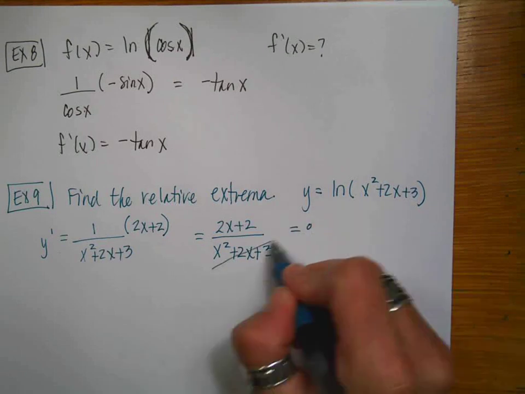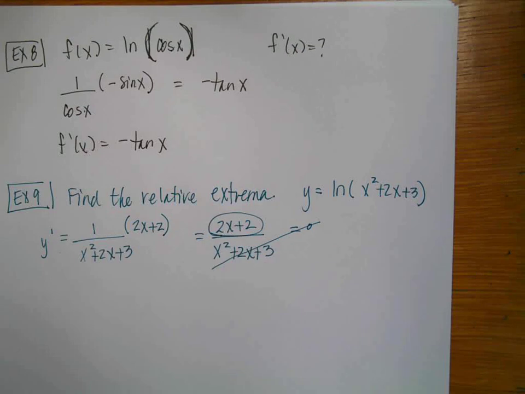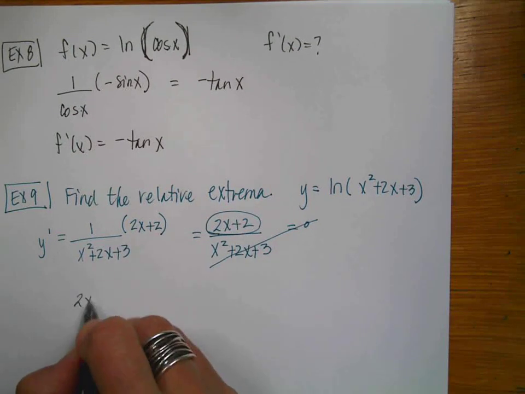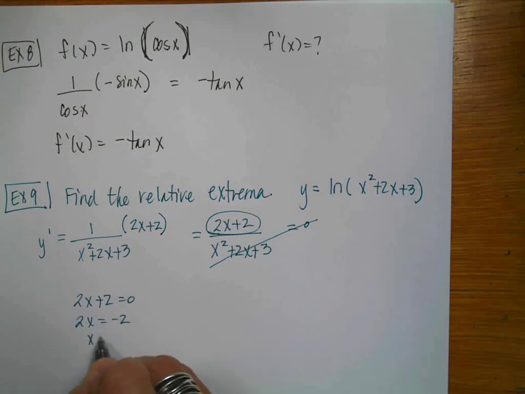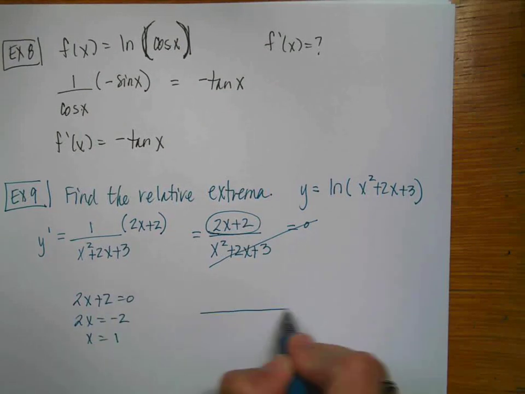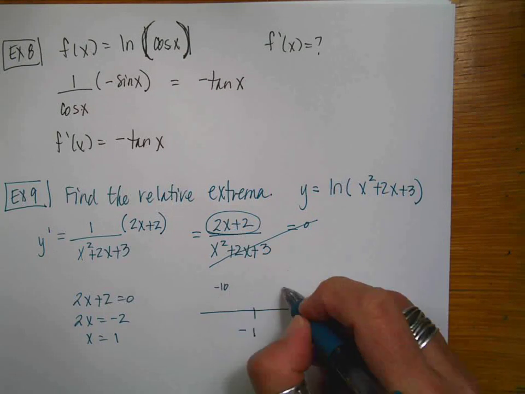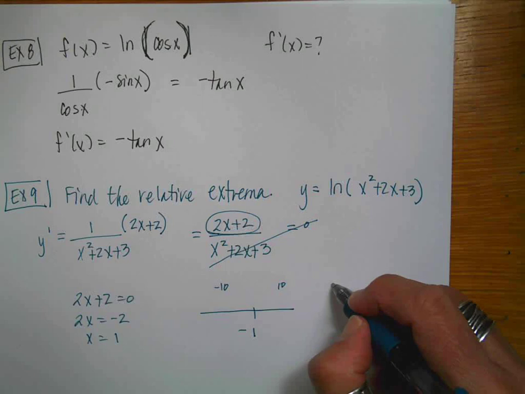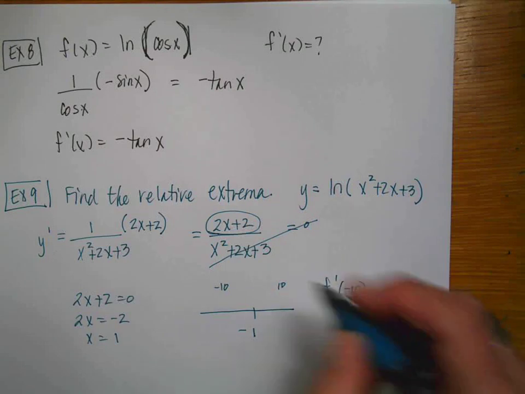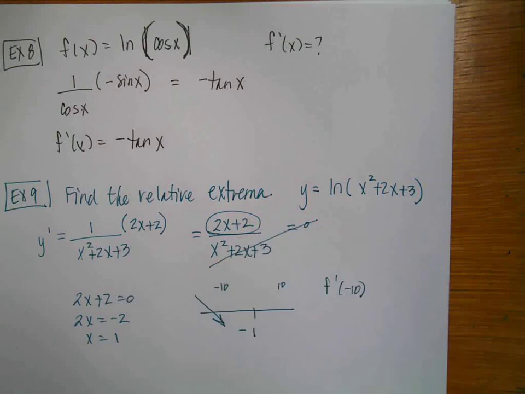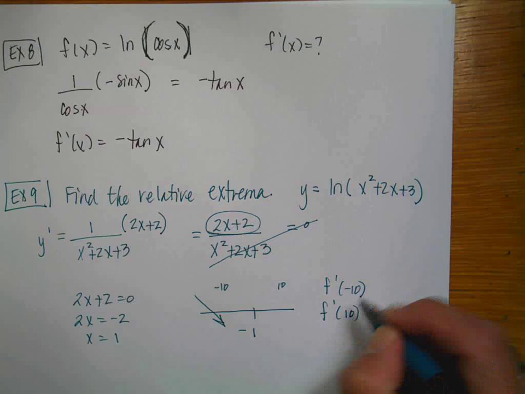Okay? When I set this equal to 0 and cross multiply, my critical value is going to come from the numerator. So I'm going to get 2x plus 2 is equal to 0, 2x is a negative 2, x is a negative 1. And so then if I evaluate my function, so maybe I do a negative 10 and a positive 10, and I do f prime of a negative 10, and when I do that, I'm going to get that it's decreasing.